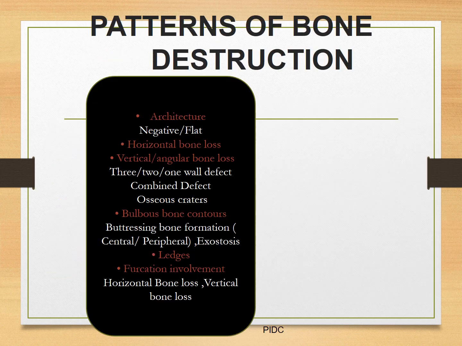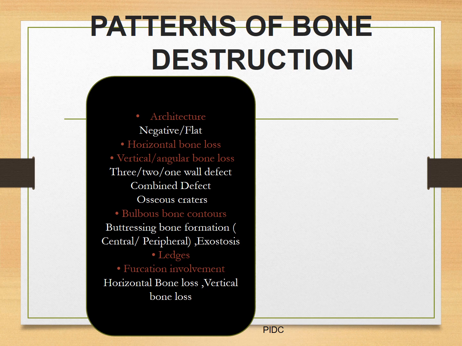Then coming to the patterns of bone destruction. This is very important. There are different patterns of bone destruction, and after going through the details of each one, you will be able to differentiate the bone patterns in radiographs. The first, important one is the architecture. It can be a positive, reversed or negative, or flat architecture.